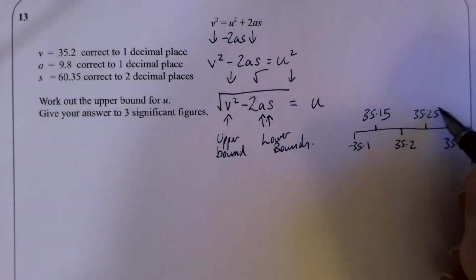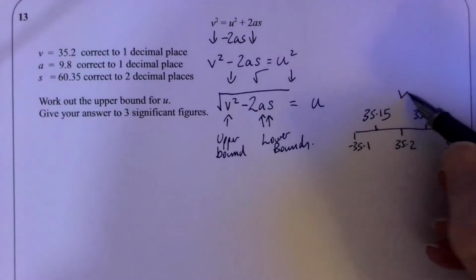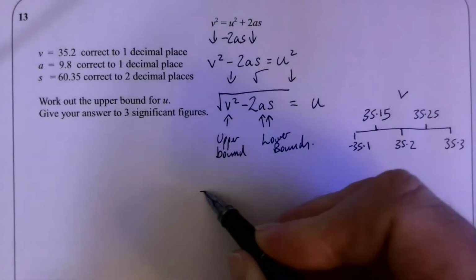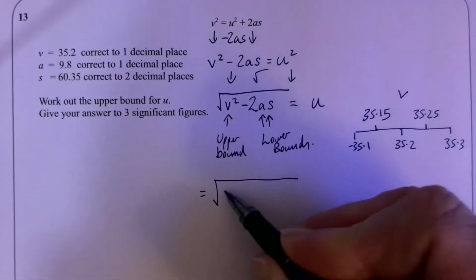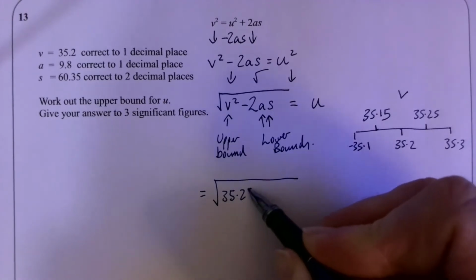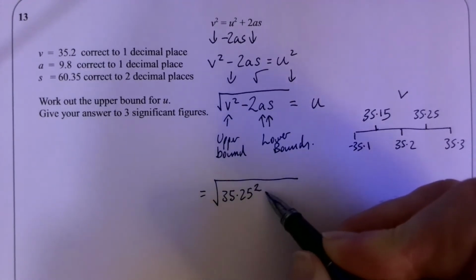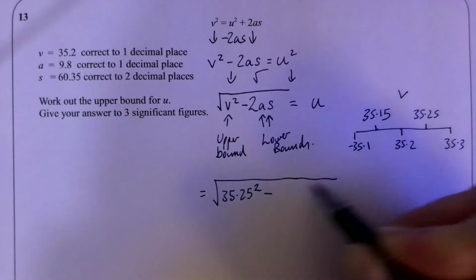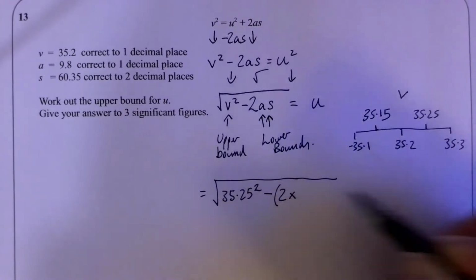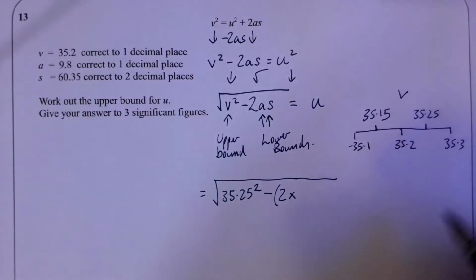So the upper bound being, so this is v, and we are wanting the upper bound of that one, so we're going to be using 35.25 squared, take 2 times the a.